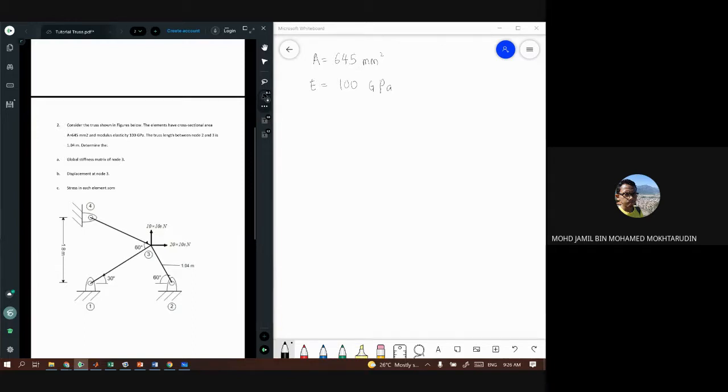So you need to name them yourself. In this case, I will name this as element number 1, and then this is element number 2, and then the last one is element number 3. Okay, so let's look at element number 1 first.